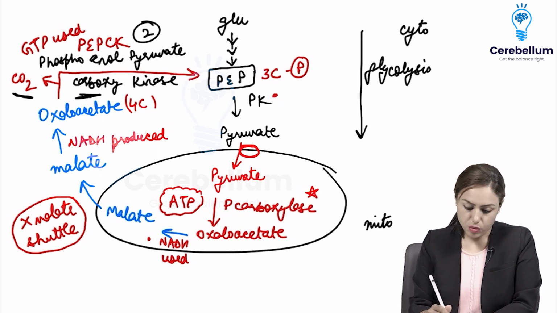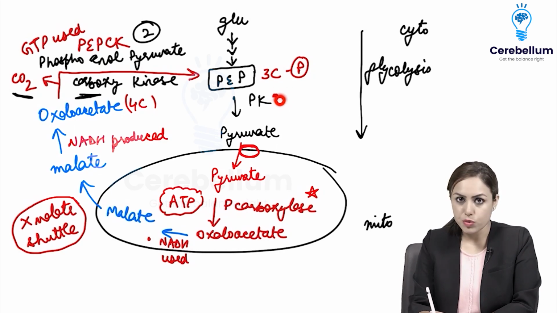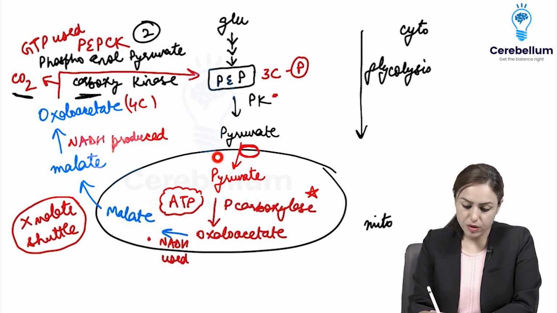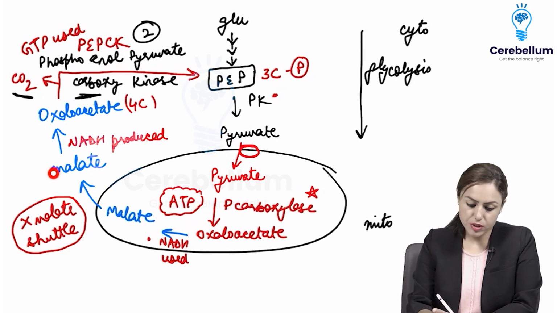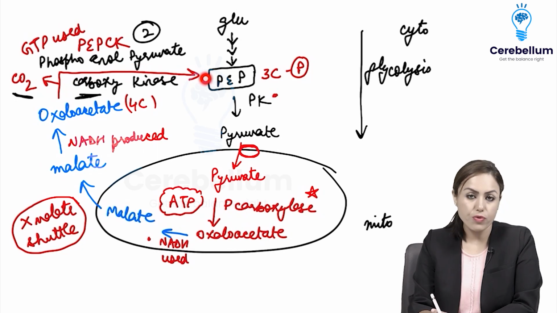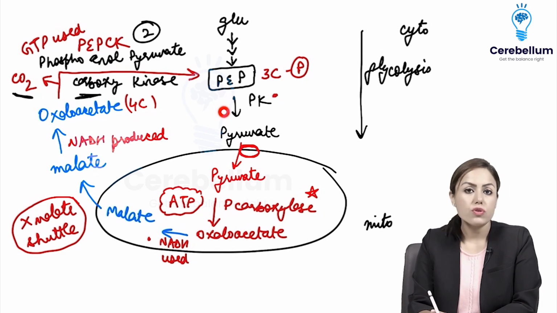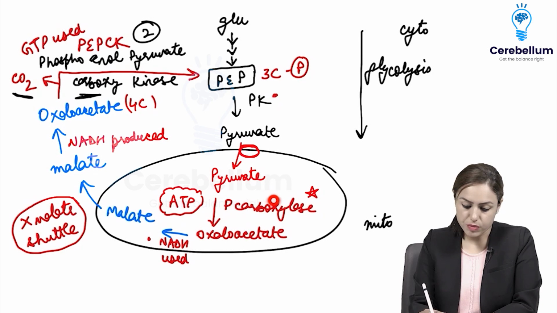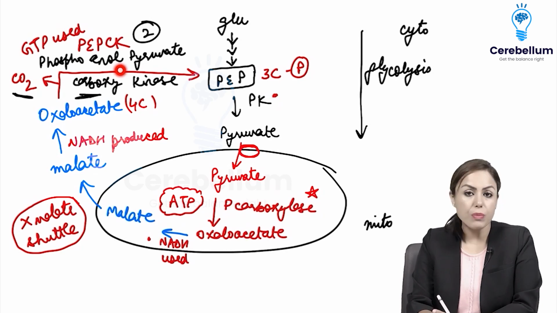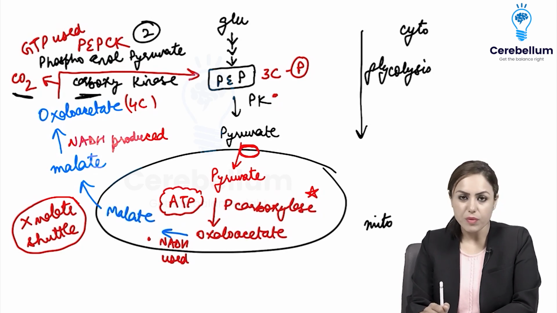And now note here that because pyruvate kinase is irreversible, from pyruvate to phosphoenolpyruvate we cannot simply go like this. We cannot just reverse this step. So what we have done: pyruvate going into mitochondria, making oxaloacetate, then oxaloacetate getting converted to phosphoenolpyruvate. So we have followed this route instead of this route, right? Instead of pyruvate kinase, these two enzymes, pyruvate carboxylase and PEPCK, are involved.